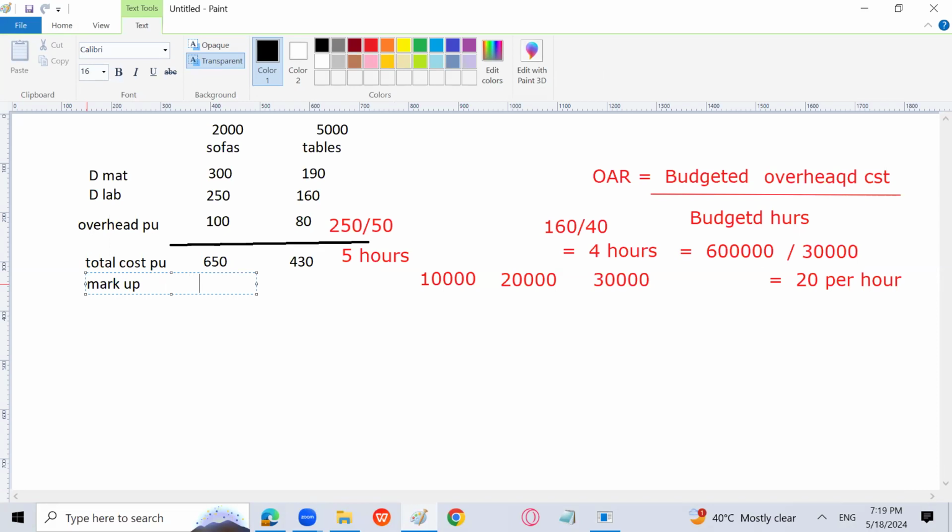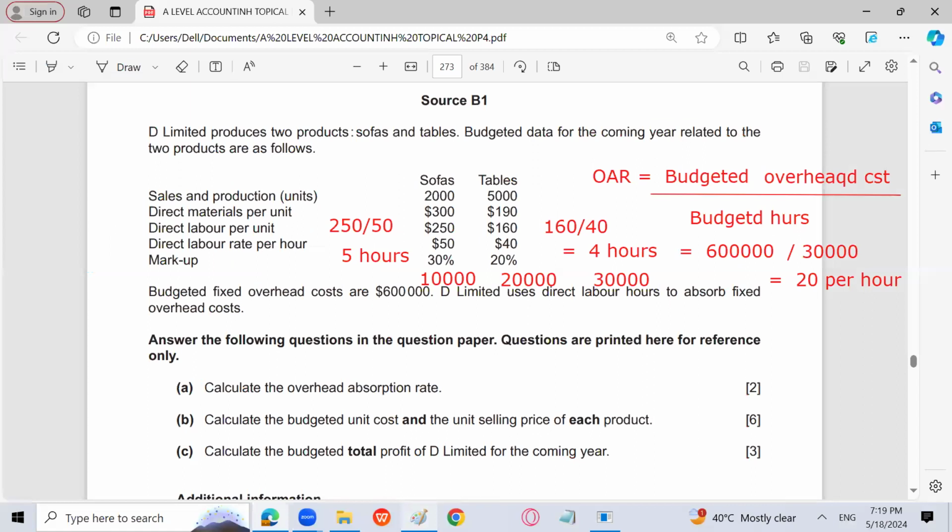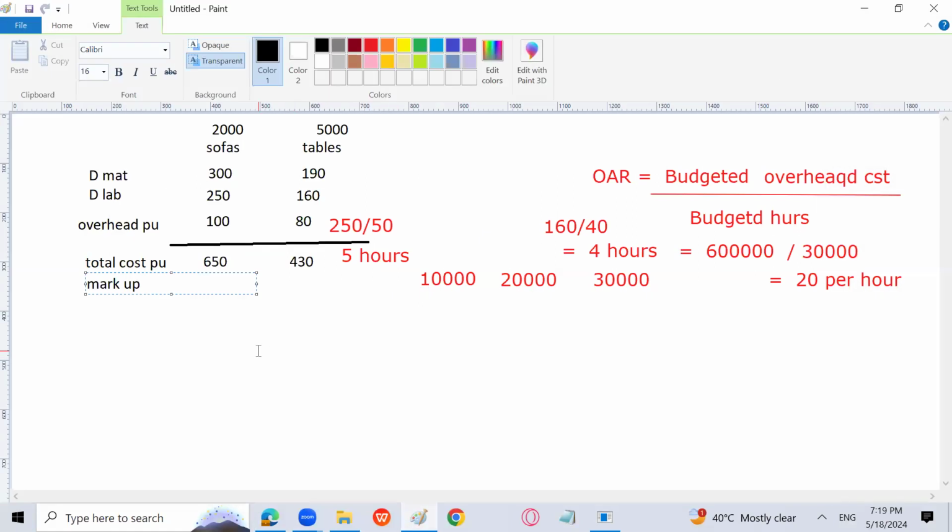So markup is going to be 650 multiplied by 30%. How much will you get? That is going to be 195. So markup will be 195.